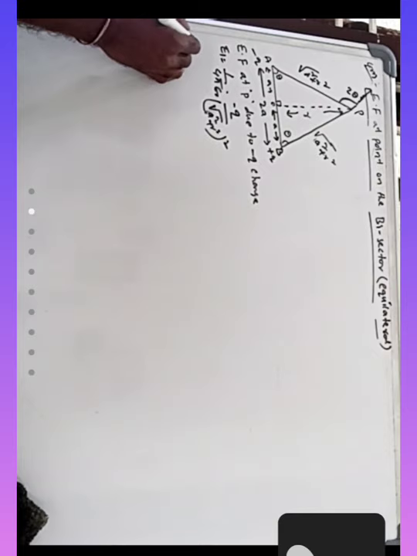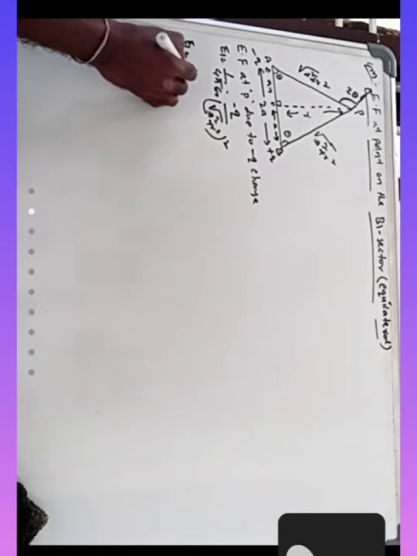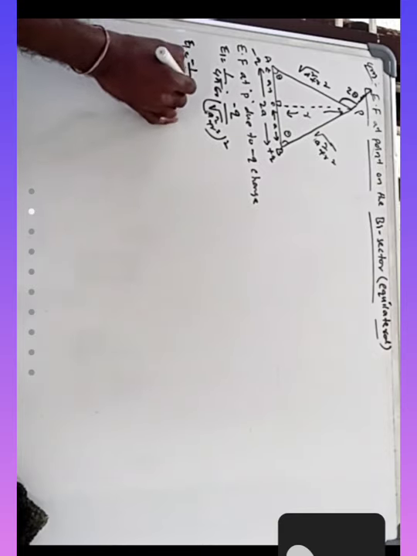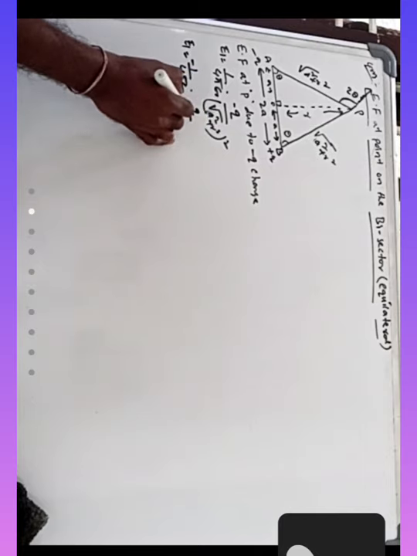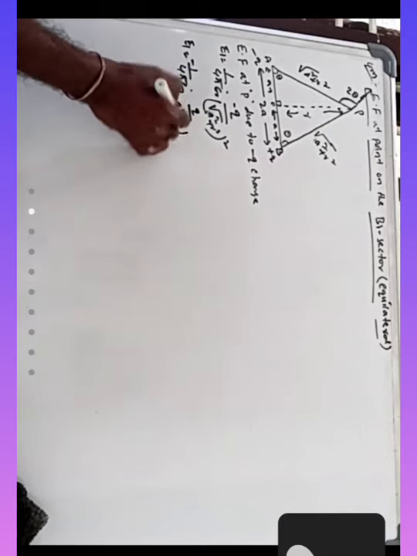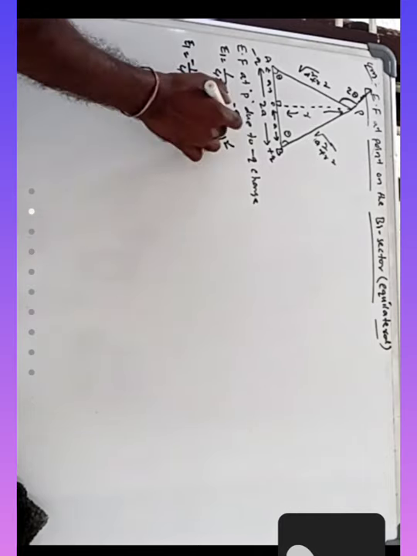So once again, E1 is equal to minus 1 by 4 pi epsilon naught into q by a squared plus r squared, because the square root is cancelled.